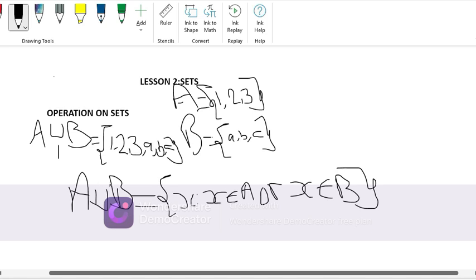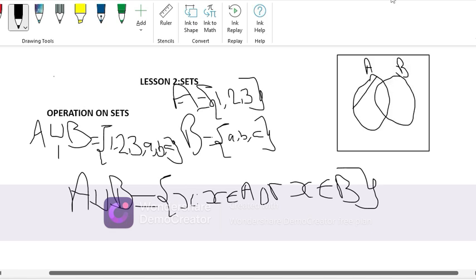Now, what about in terms of a Venn diagram? Let's use a Venn diagram to represent A union B. In terms of a Venn diagram, we have the universal set here. I think I explained the universal set last time. So what about A union B?